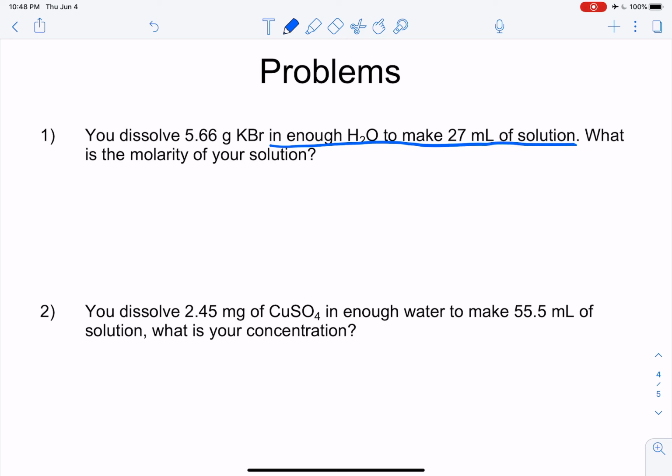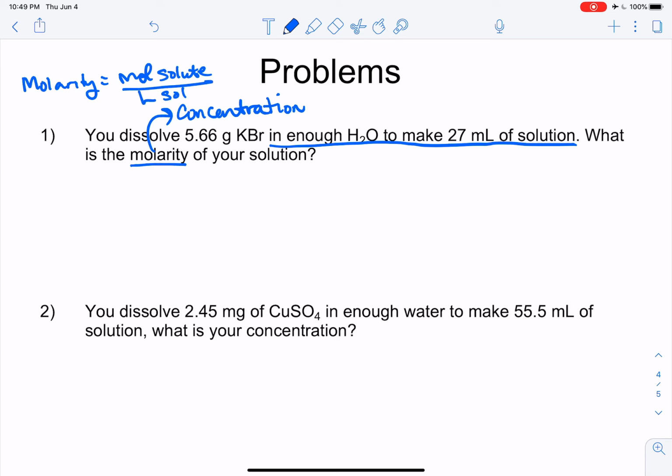So it says, what is the molarity of your solution? And the molarity, remember you guys, that is one form of concentration, and it's one that we use all the time in chemistry. And molarity is moles of solute over liters of solution.